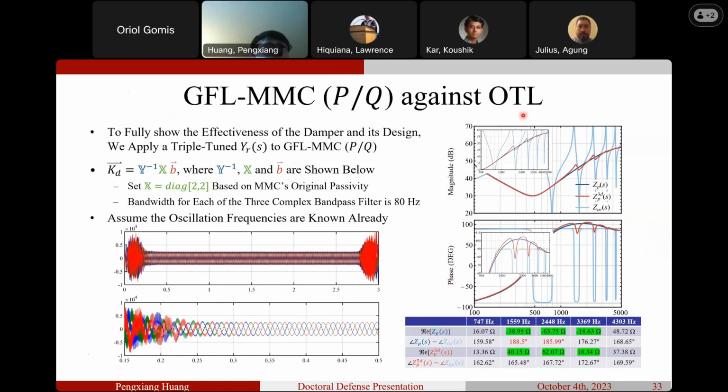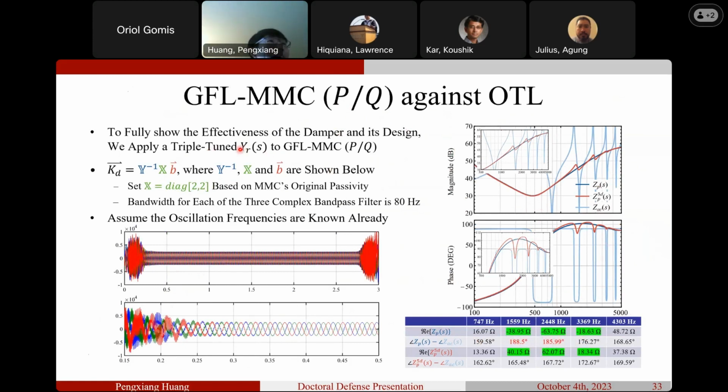And also, as I said before, you have different control modes, you have different oscillation frequencies. If you connect a PQ controlled MMC to the overhead transmission, you have inherently two negative damping frequencies, indicated by the phase difference above 180 degrees. And you have 3 negative real part frequencies. And these two are very heavy.